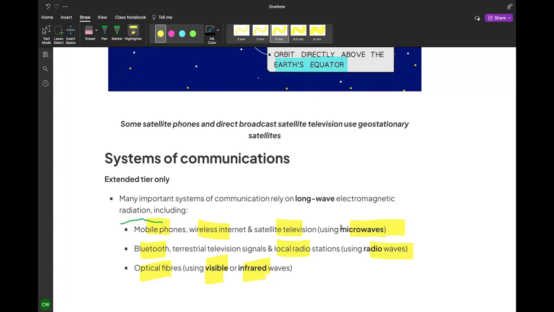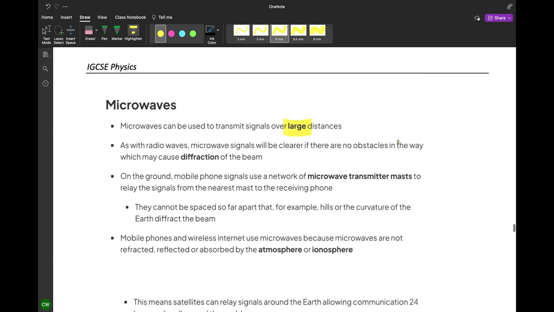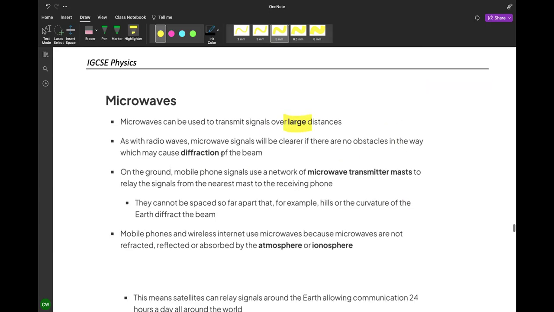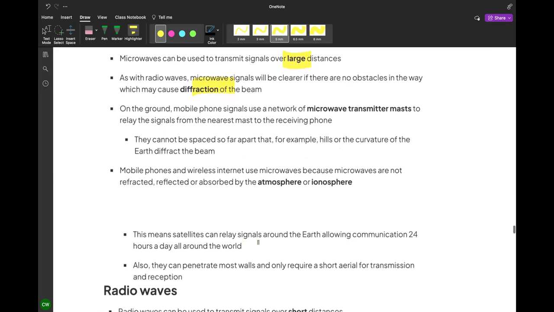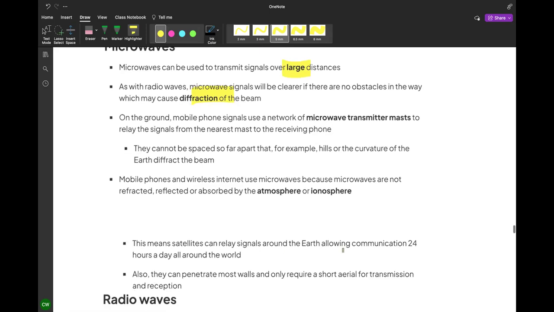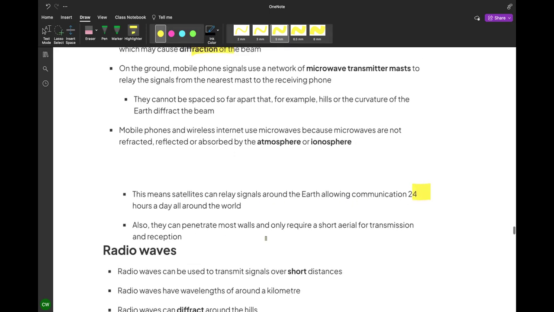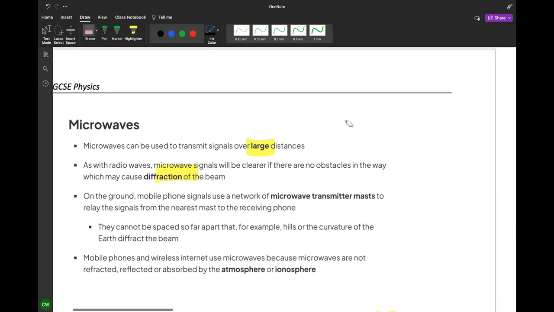Now I ask you, what is the wave in the optical fiber? Then you need to know. Microwave can be used for larger distances, with better diffraction. No need to know so many things, just need to know where it is applied. Actually, microwave can go very, very far.